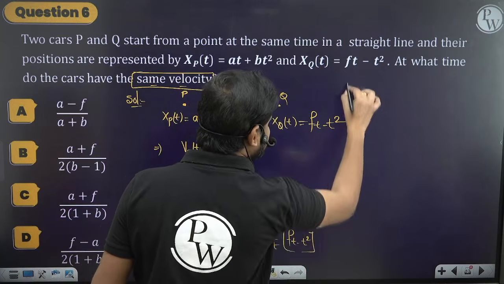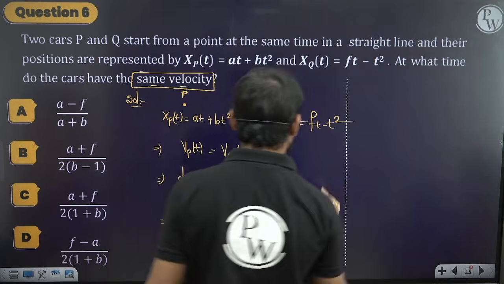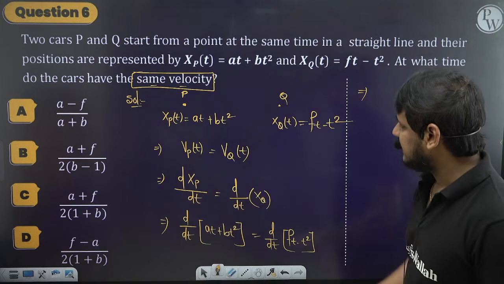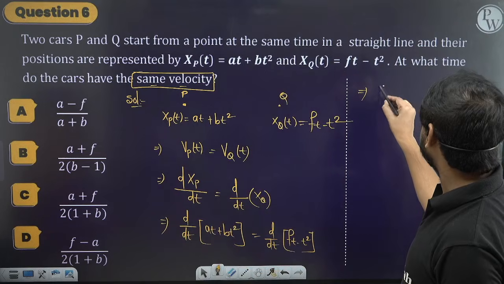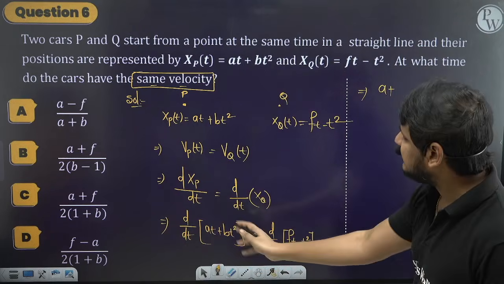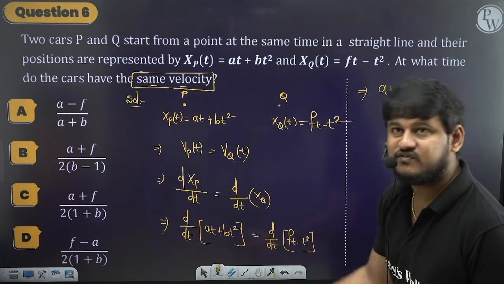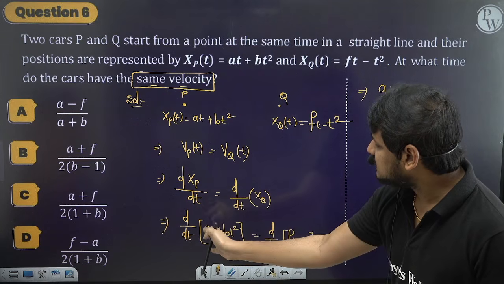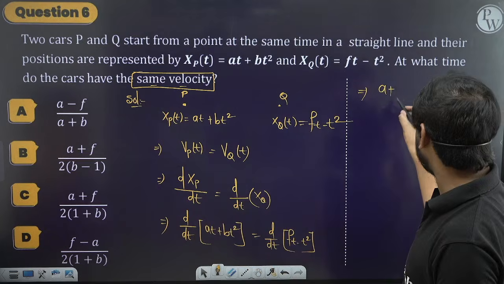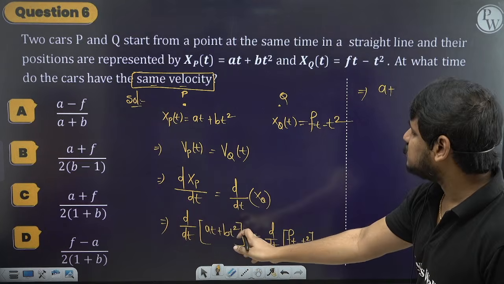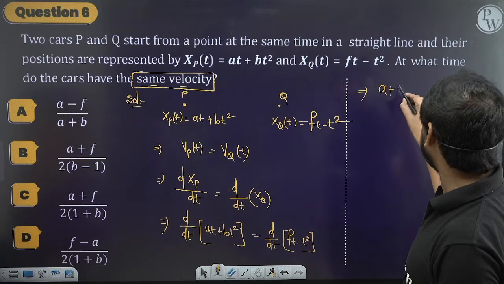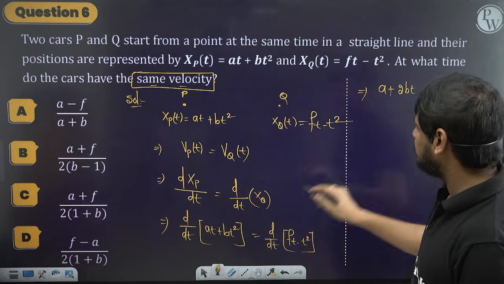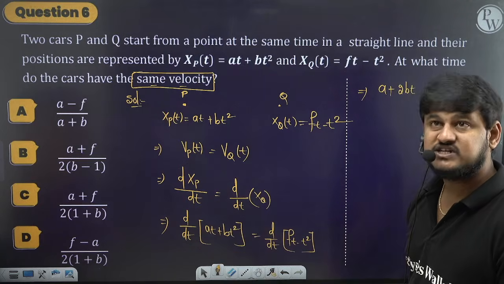So then we differentiate. The differentiation of At with respect to t is a, since a is the constant and dt by dt is 1, plus the differentiation of bt square, which is nothing but 2bt. b comes out, t square differentiation is 2t.